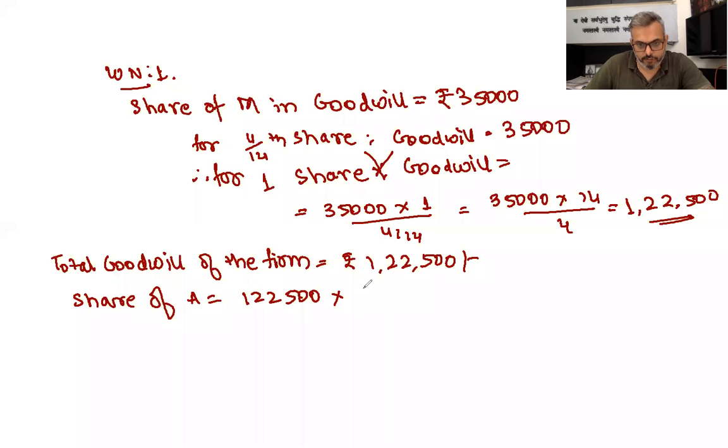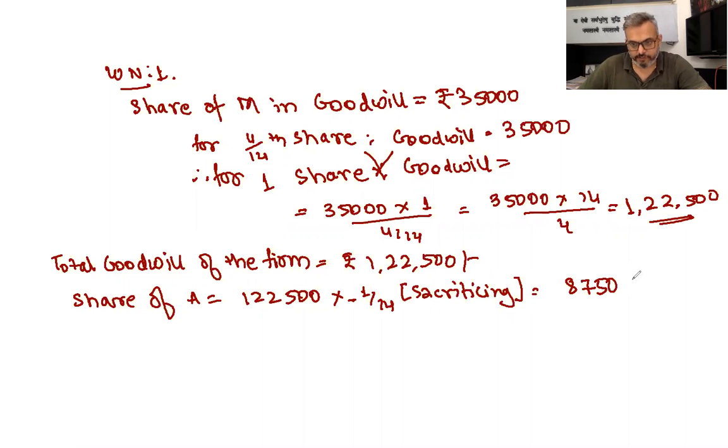So into 1/14, माइनस रख देते हैं यहाँ पे because this person is sacrificing, so which comes to 8,750. ये sacrifice कर रहा है तो इसको हम करेंगे credit.